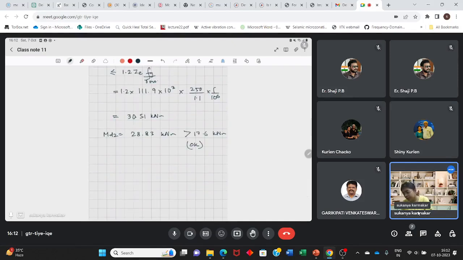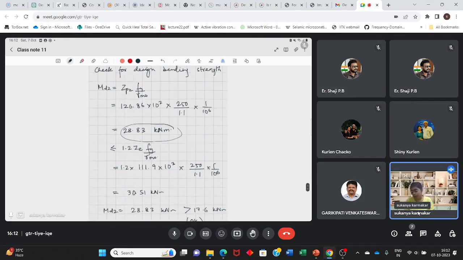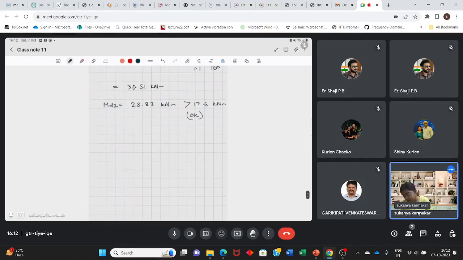Now this is for the major axis. Now we'll have to do it for the minor axis as well. So we have to check for Mdy. Mdy is Zey Fy by gamma m0.